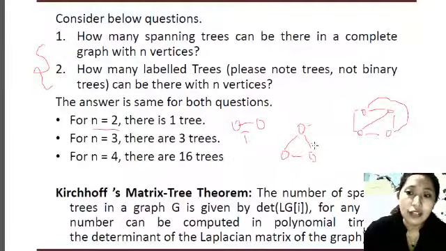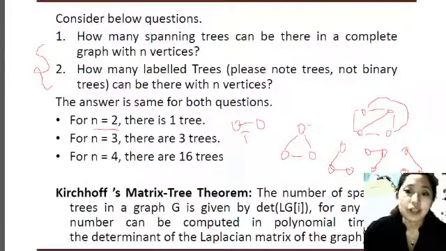So one spanning tree is, if you take this one, this is one spanning tree which is possible. Another spanning tree that is possible will be this one. Okay, the third spanning tree that is possible is this one. So with 3 vertices, you have 3 spanning trees.